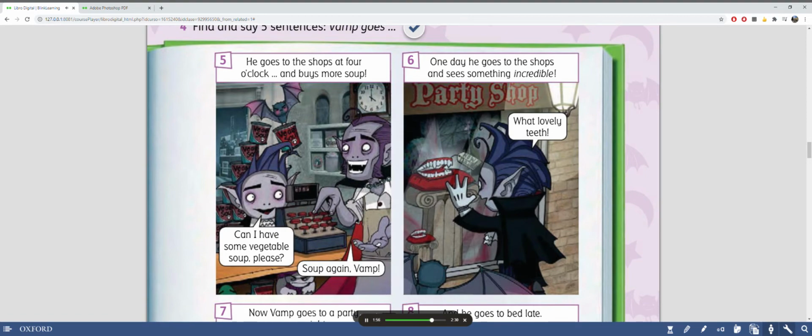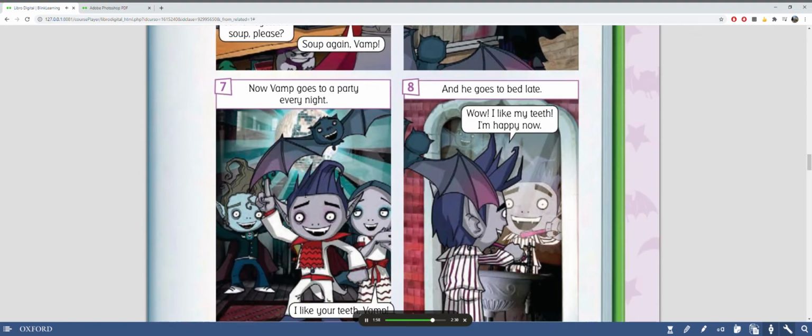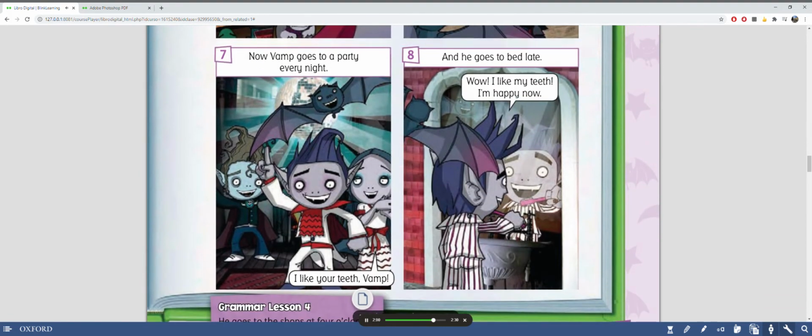What lovely teeth! Now Vamp goes to a party every night. I like your teeth, Vamp. And he goes to bed late. Wow! I like my teeth. I'm happy now.